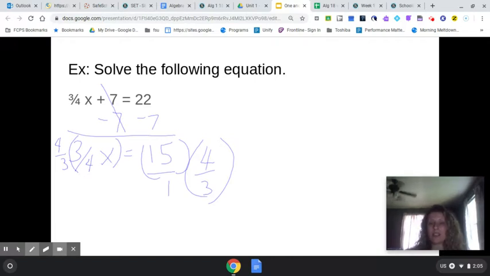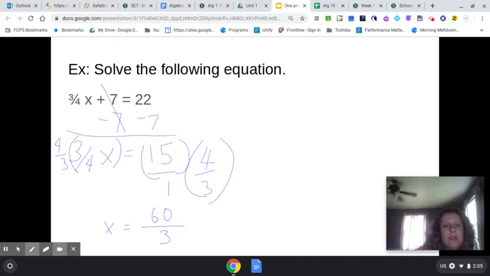Multiplying straight across, I would take 15 times 4 for the numerator, and the denominator, I would multiply 1 times 3. So 15 times 4 gives me 60. And 3 times 1 gives me 3.